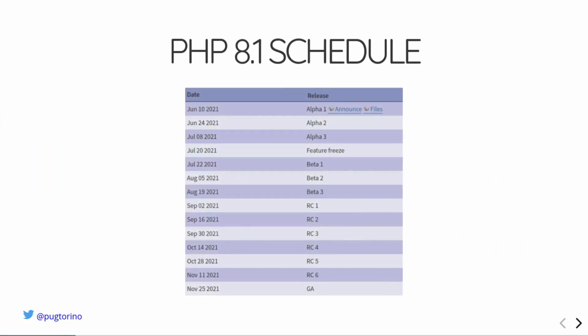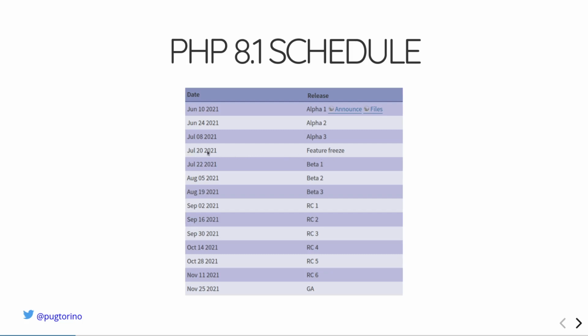Before starting the presentation, I would like to show you the schedule of the PHP 8.1 release. Actually today is the 24th of June, and today there will be the Alpha 2 version of PHP 8.1. As you can see, the feature freeze is the 20th of July. That means until this date other features can be proposed and merged into the branch. After this date, no more additional features.